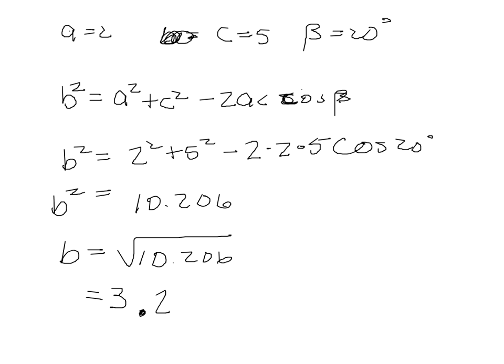So while I've written down 3.2, I'm going to use 3.19470618121 in my calculator. Okay, so let's find alpha. So sine alpha over 2 equals sine 20 over b.